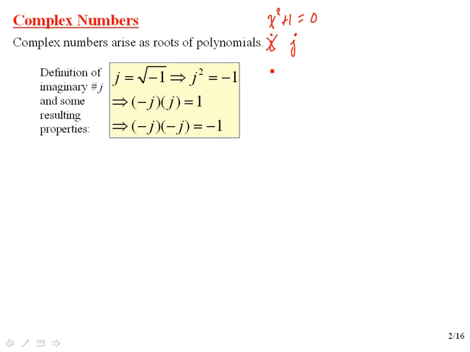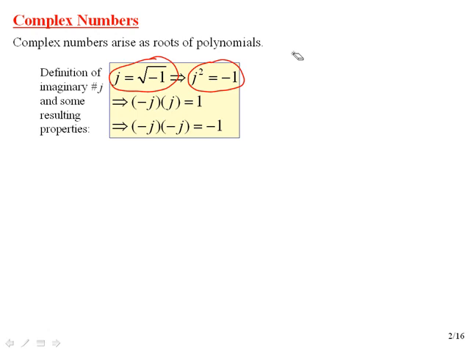So if j was defined to be the number that was the square root of minus 1, or in other words, j squared is equal to minus 1, then when we take j and plug it into this equation, it satisfies that equation. So that's historically where they came from.